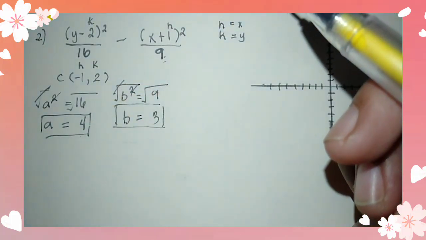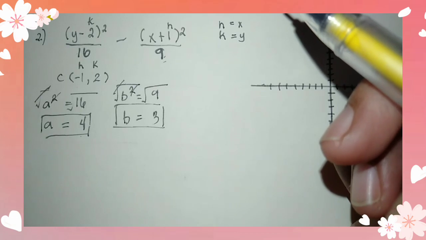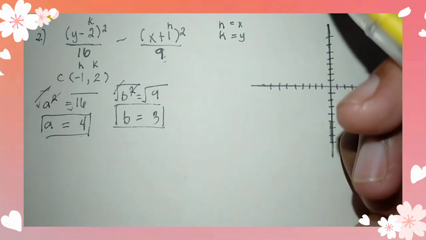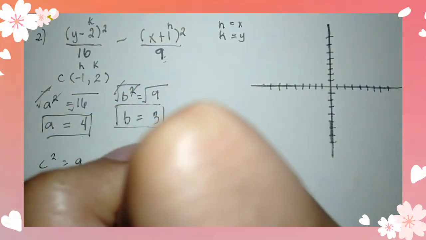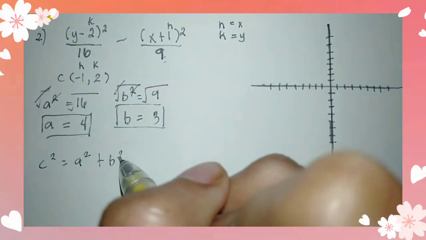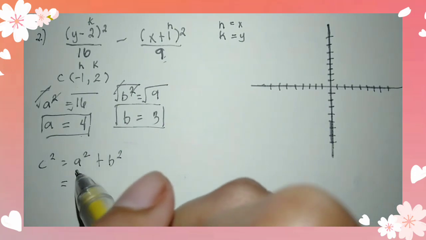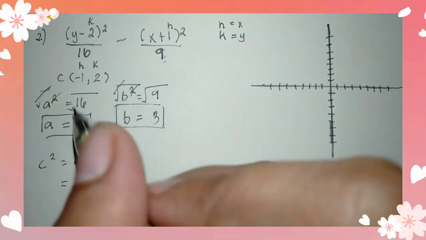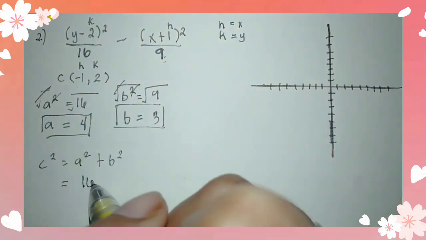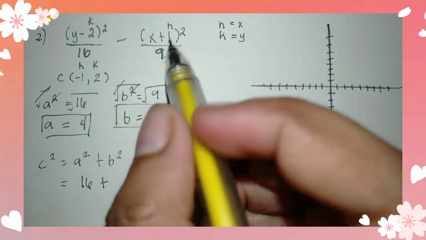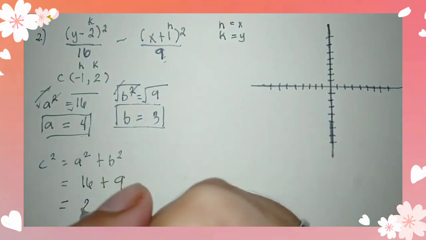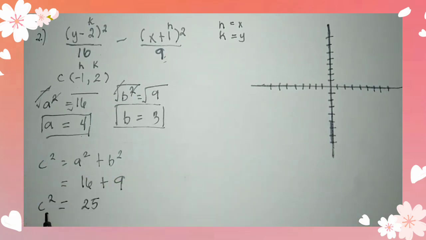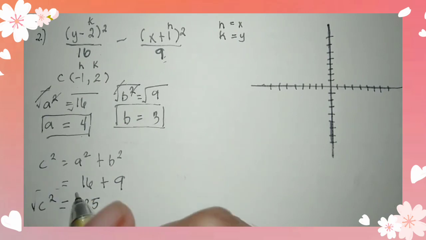The next thing to do is to get c. What formula are we going to use to get c? We have the Pythagorean theorem. So, we have c squared is equal to a squared plus b squared. Okay? Since ang ating a squared is 16 plus b squared natin is 9. So, we have 16 plus 9 is 25. And since si c naman yung hahanapin natin, so we're going to extract square root again.